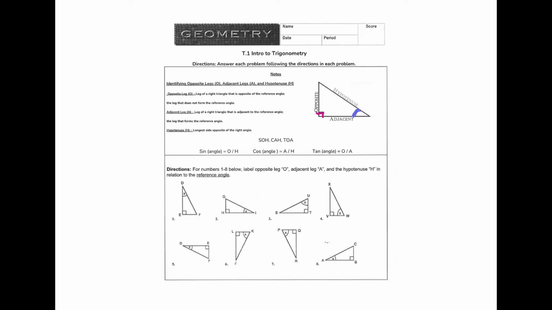Based on that angle, that's going to tell us a lot of information. First of all, the hypotenuse is always going to be across from the right angle. And the opposite side is always going to be across from the angle we care about. So if that's the angle we care about, then that's the opposite. And then our adjacent side will always be the side that is next to the angle we care about.